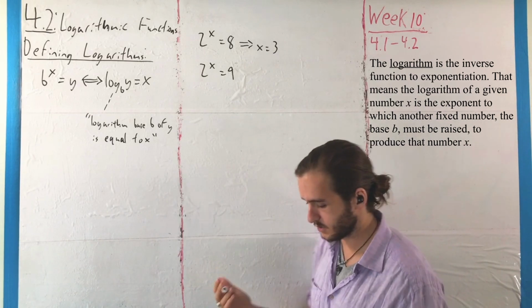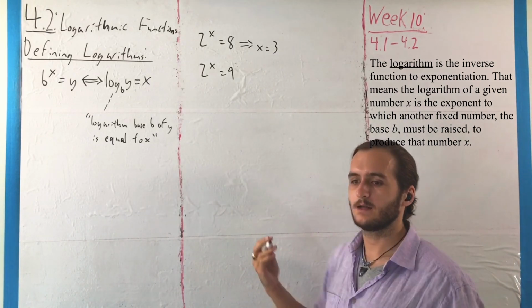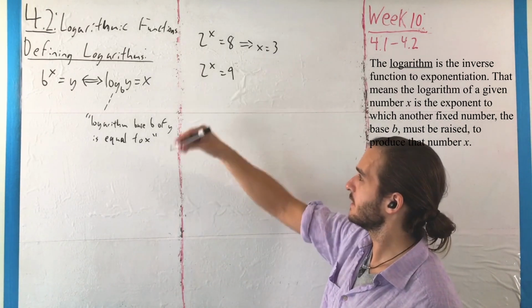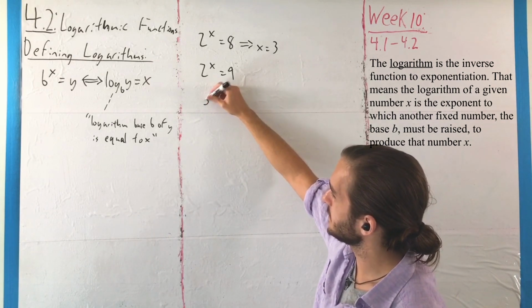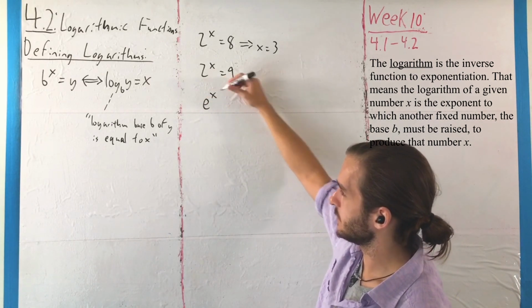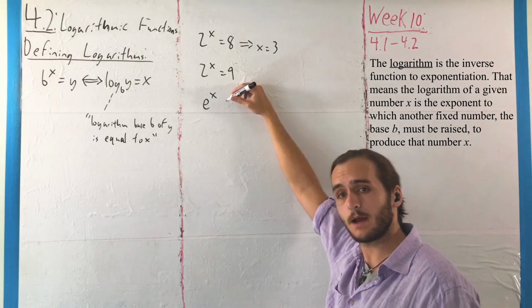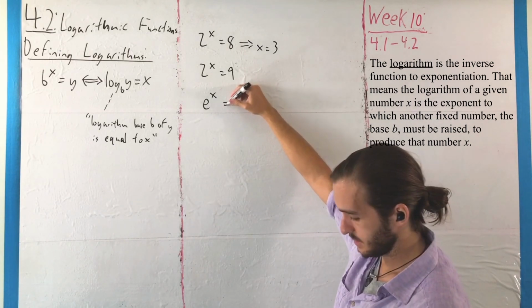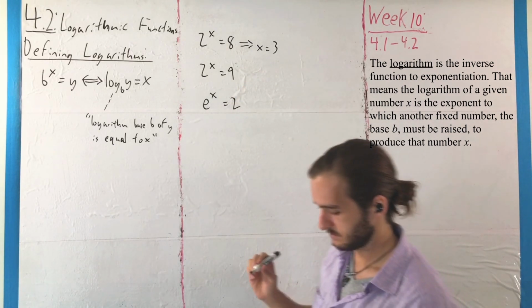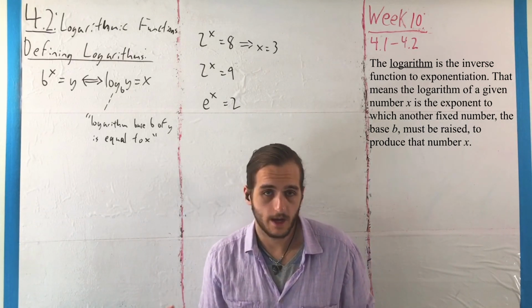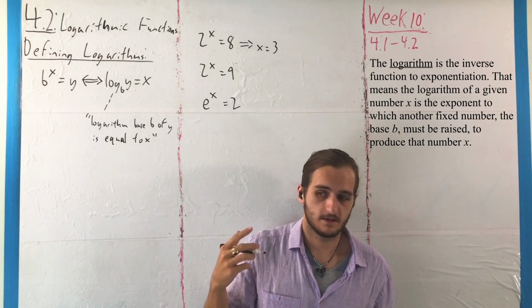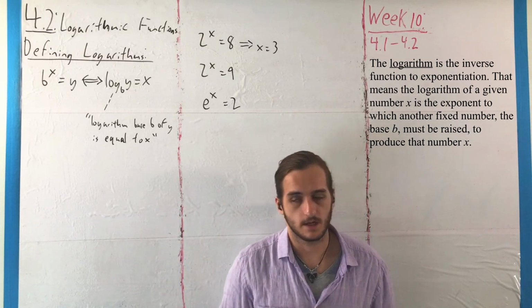And then, for that matter, we could talk about something a lot less rational, and say we're looking at the natural exponential. We want to know what power of the number e, which is about 2.72, is equal to 2. Well, okay, that 2 is really easy, but e is not itself very nice.